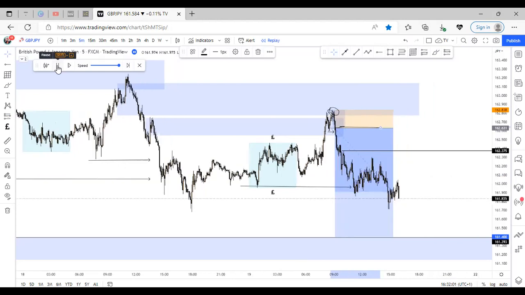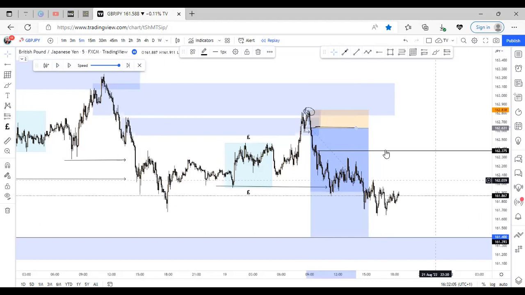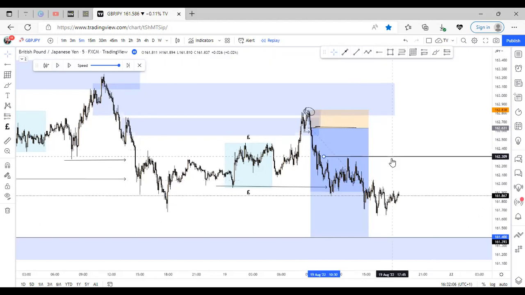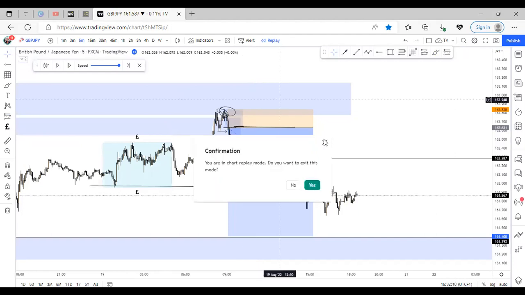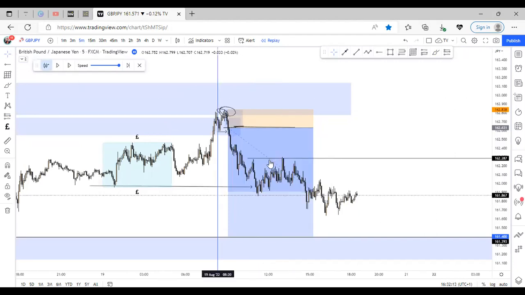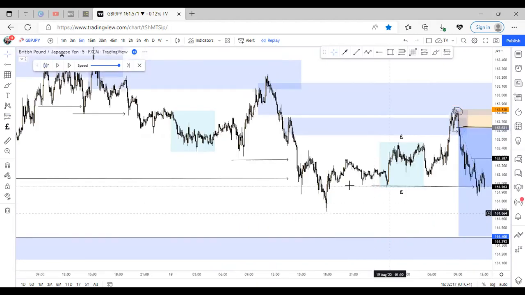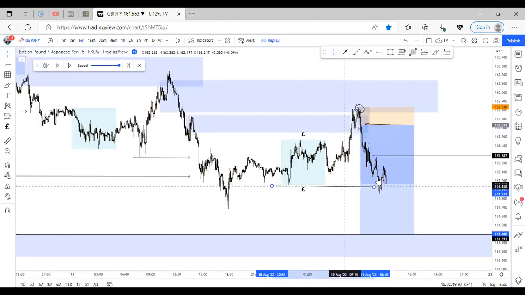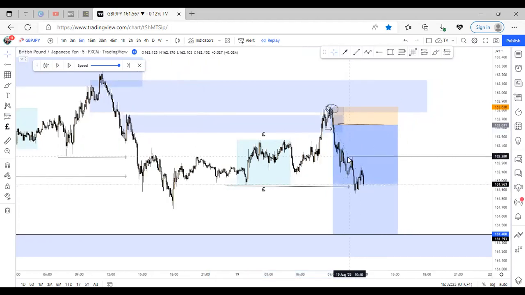I think I later got whipped out of the trade. Okay, this was where I moved my stop loss into right here. So at this particular point, when we took out the Asian range low and broke this, I moved my stop loss into this high right here, and I was stopped out.